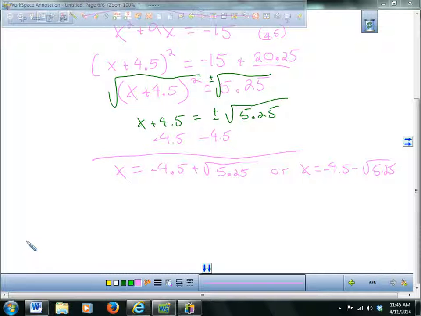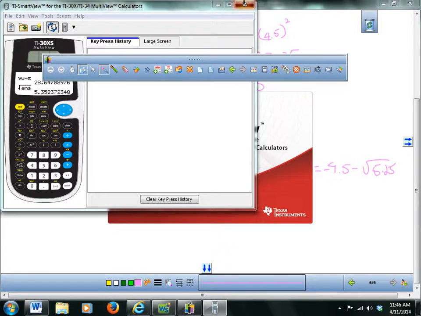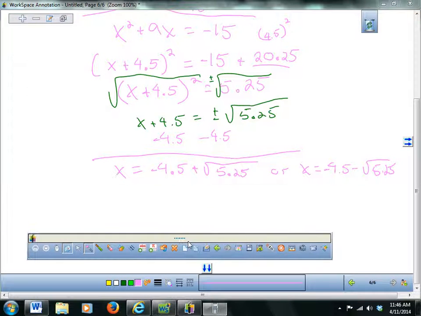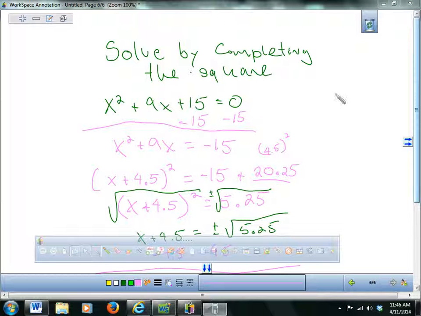Would we be able to get a few steps on the board for them to do with them? Are there steps they need? Okay, I'll put the steps on the board. All right, so you can plug that in your calculator and get the answers, right? So let me write some steps. First step, you can write this right alongside this example. Move the constant to the right side. There's step 1.